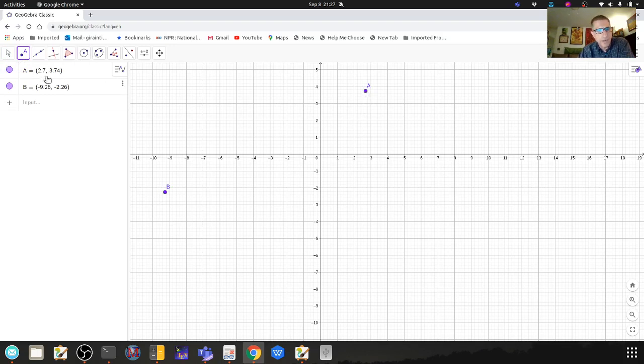If you come over here, you can see the coordinate of point A. It's 2.7, comma 3.74. Those are approximations. And coordinate B is minus 9.26, comma minus 2.26. So point A is in quadrant 1, and point B is in quadrant 3.